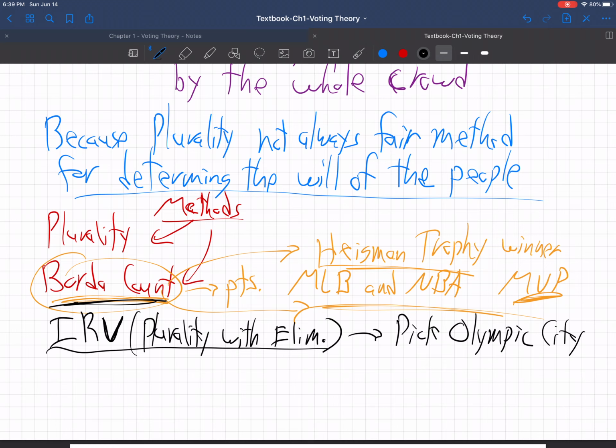And this Olympic Committee votes using the method called instant runoff voting or plurality with elimination because they believe that's more fair for what they're doing. There's actually a fourth method because that method, too, can do something unfair. Another method called the pairwise comparisons method.